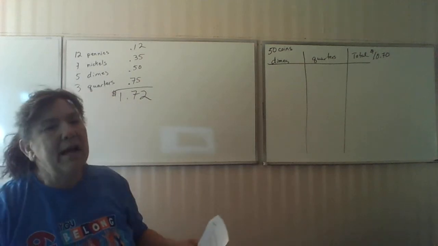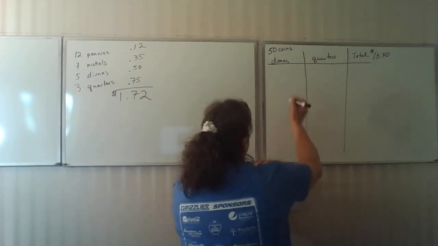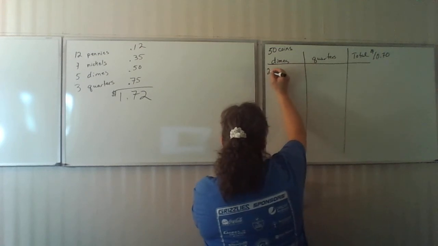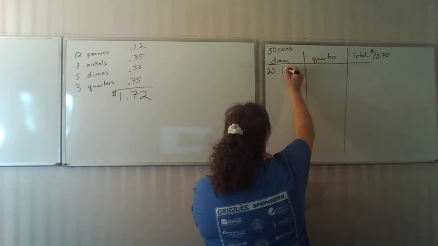So why don't we kind of go in the middle? Why don't we go with 30 dimes or 20 dimes? If I have 20 dimes, then I'm going to have $2 here.